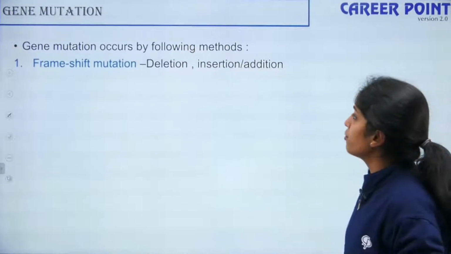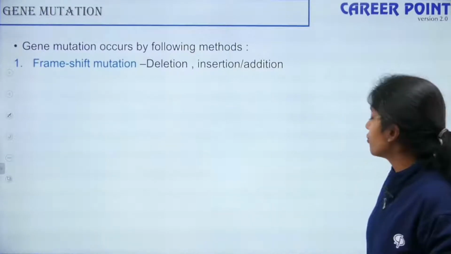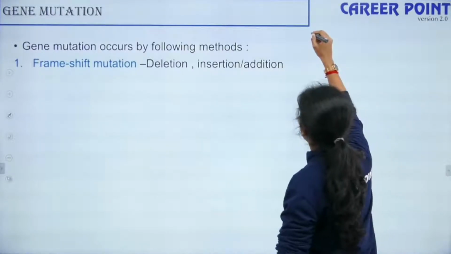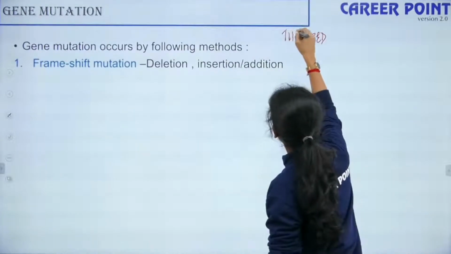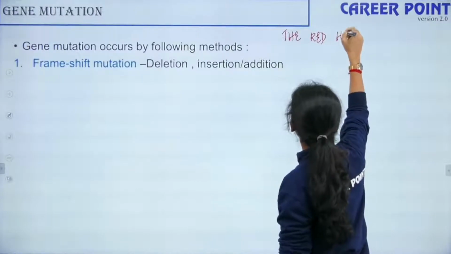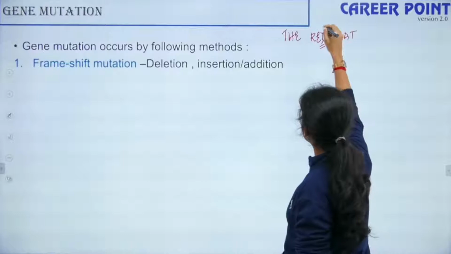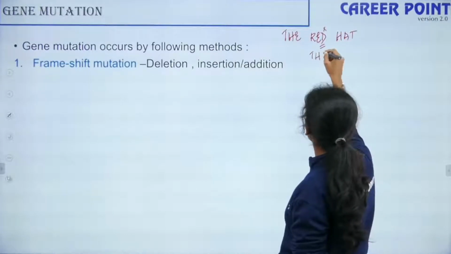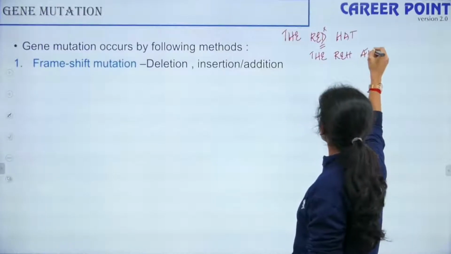Right. So the frame shift mutation. So when I have a frame shift mutation, so for example, when I write red hat, or the red hat, now it makes sense to you, right? But if I delete the D and write the, so does it make sense?